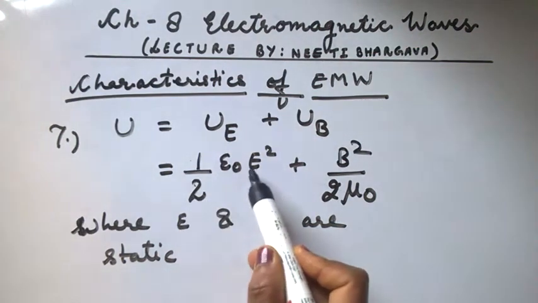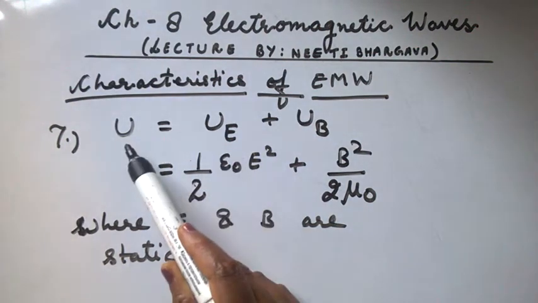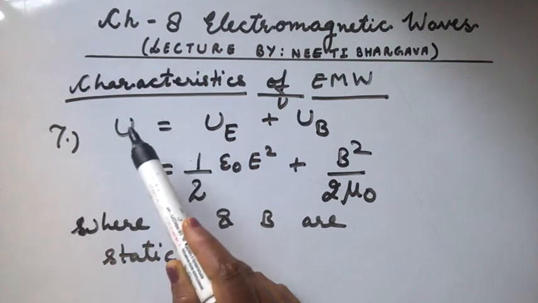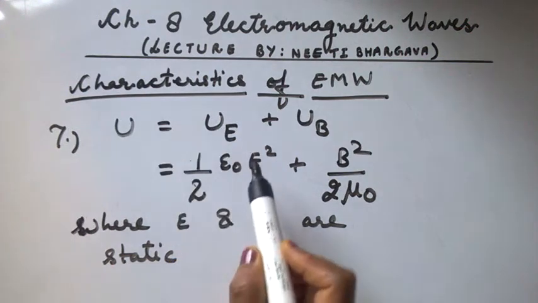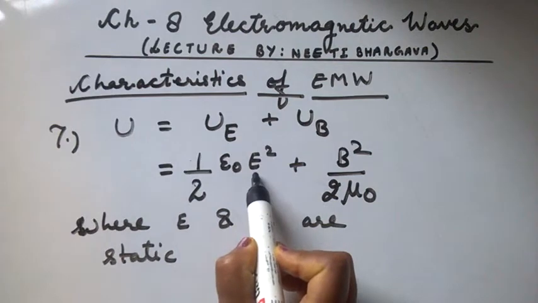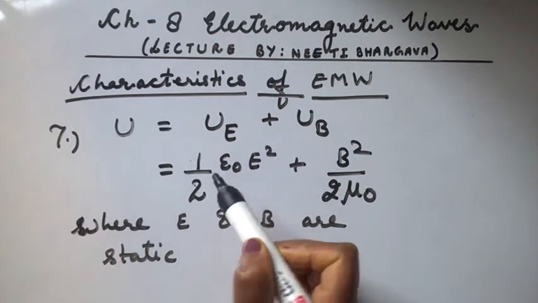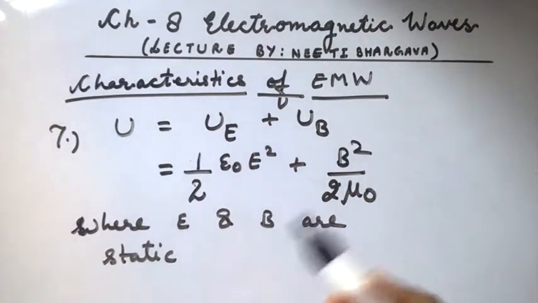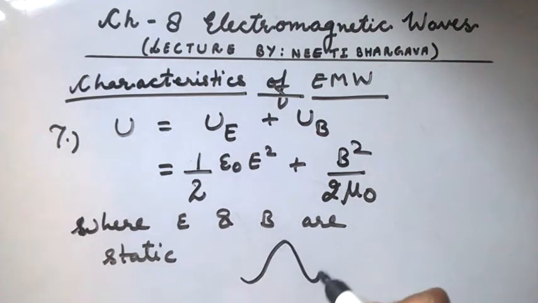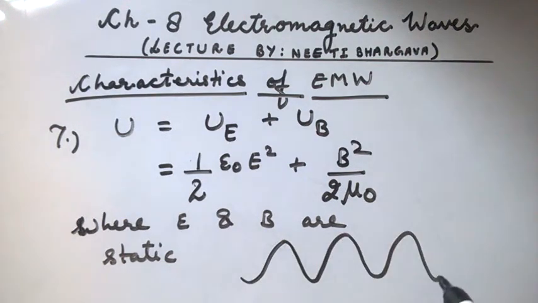And in order to calculate the value of average energy density for an electromagnetic wave, we will replace this static electric field by its root mean square value. The root mean square value is applicable for a continuous, periodic wave.